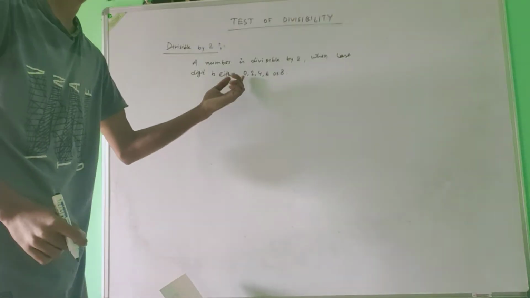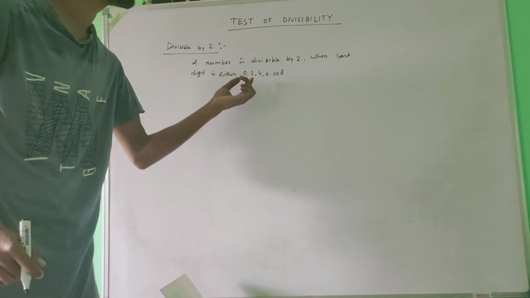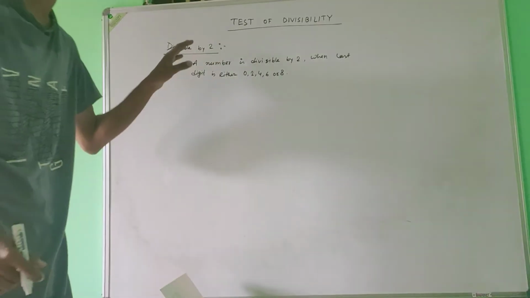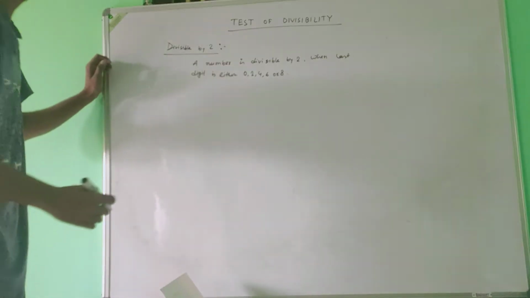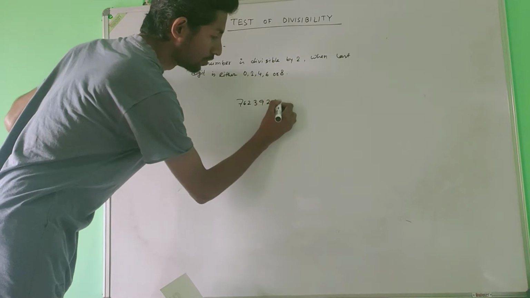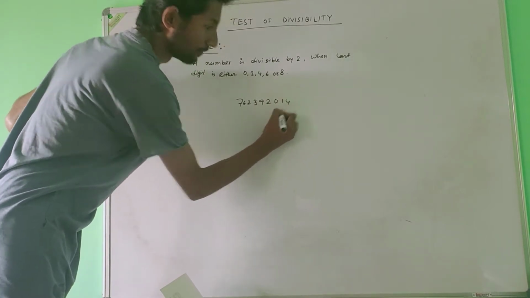If the last digit is either 0, 2, 4, 6 or 8, then we can say that number is divisible by 2. For example, 762392014.